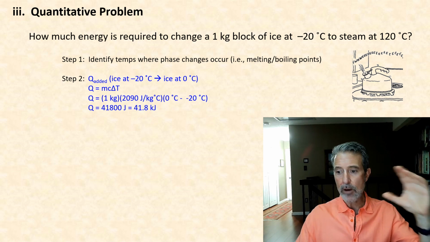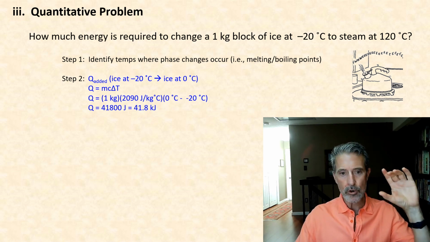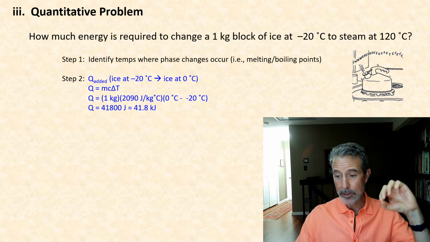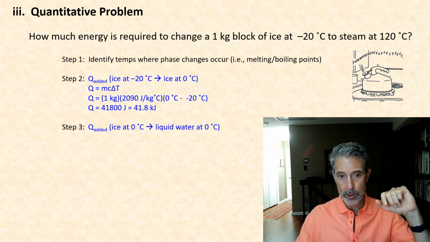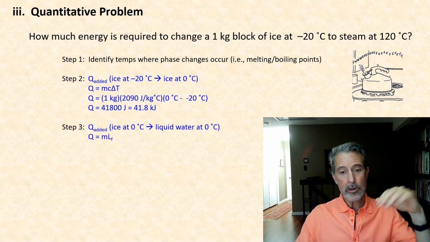The next step now is to bring about the phase change. How much heat must be added, in the form of the latent heat of fusion, in order to turn 1 kilogram of ice at 0 degrees Celsius to 1 kilogram of liquid water at 0 degrees Celsius? Here there's no temperature change.